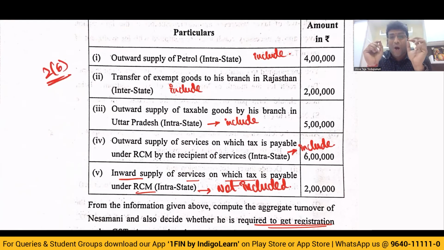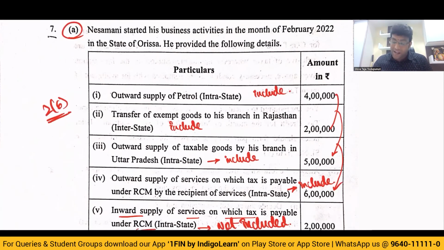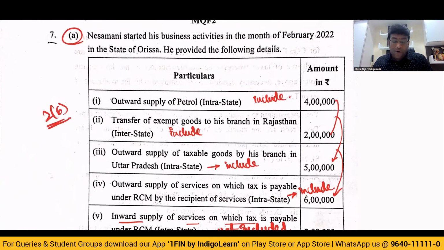Aggregate turnover covers all taxable supplies, exempt supplies, interstate supplies, and exports on all India basis under the same PAN, but does not include the value of inward supplies on which the recipient is liable to pay tax under RCM. So 4 plus 2, 6. 6 plus 5, 11. 11 plus 6, 17 lakh.